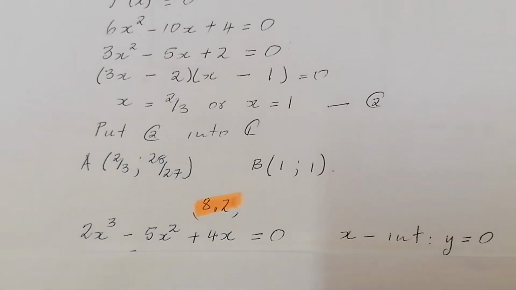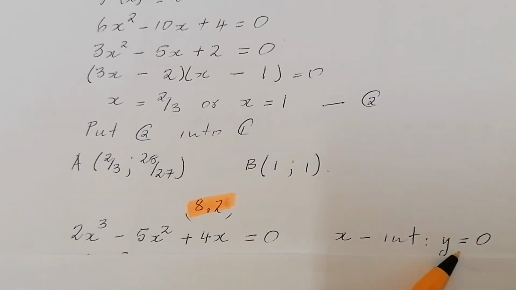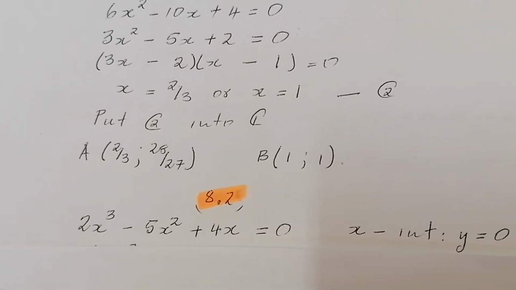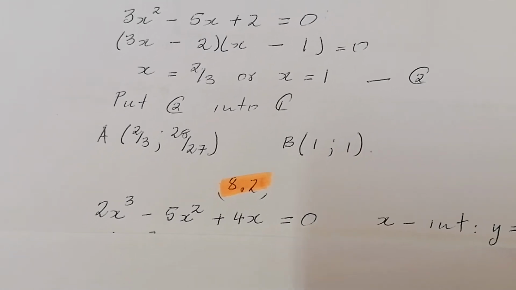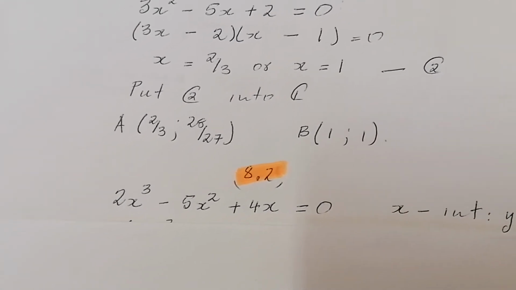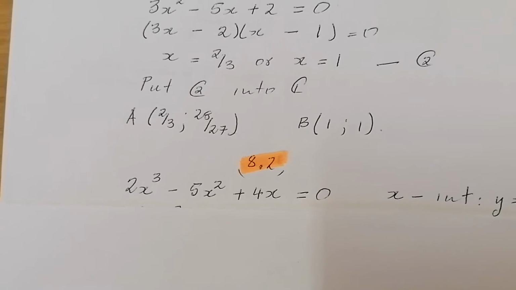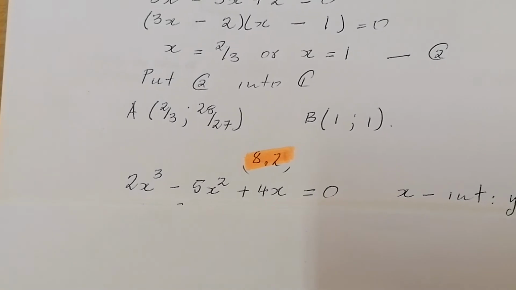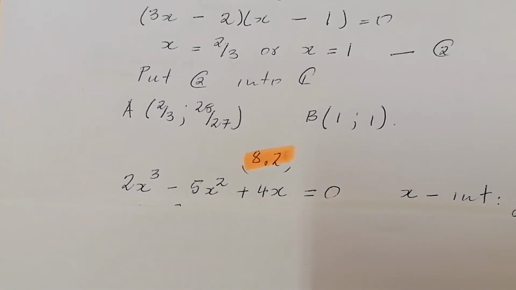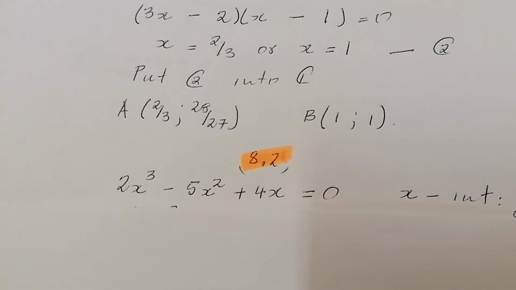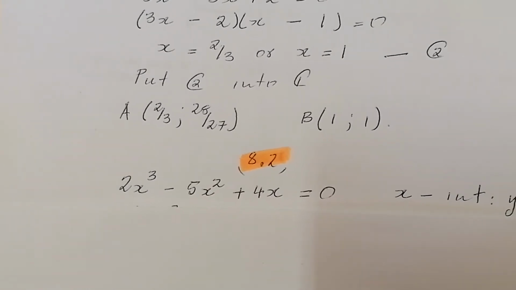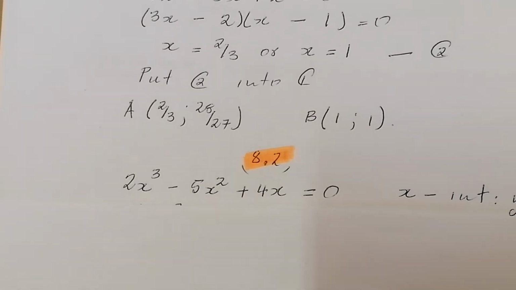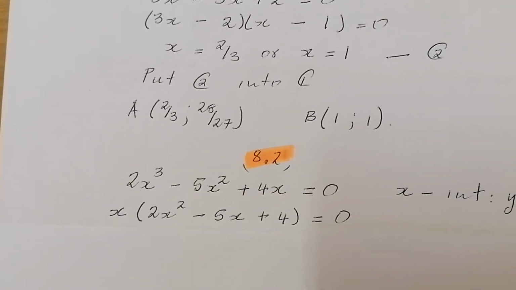Now, they replace the value of y by 0, meaning that we are looking for the x-intercept. Because I am proving that it has got one root, remember, the nature of the roots will tell you whether a quadratic equation can be factorized or not.